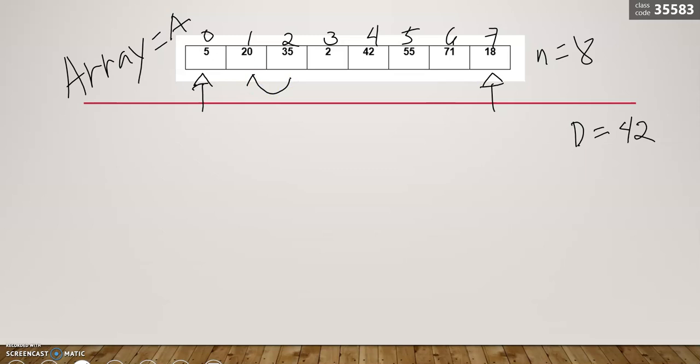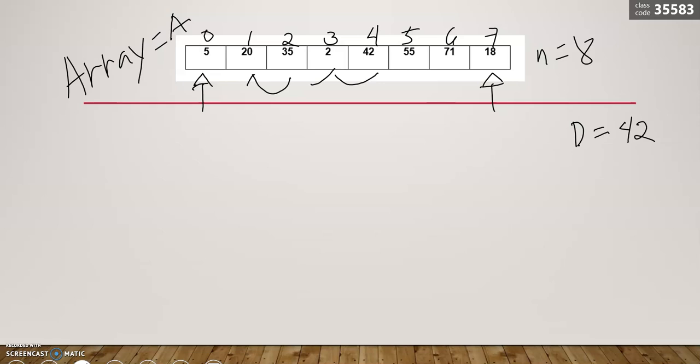Is 35 equal to 42? No. So you proceed to index 3. Is 2 equal to 42? The answer is still no. Then proceed to the next index, so we are at index 4. Is 42 equal to 42? The answer is yes.